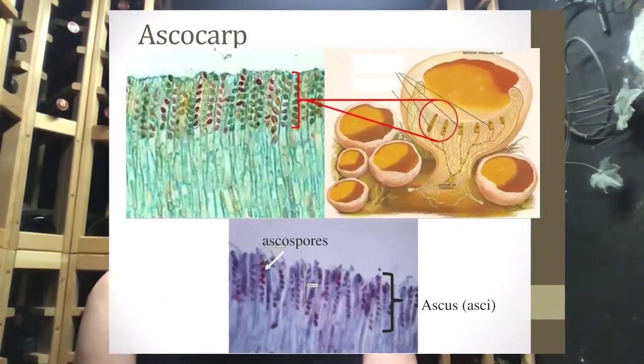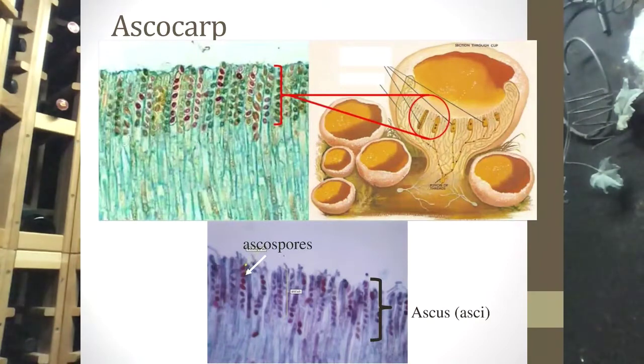A little more detail on what that ascocarp looks like. The ascocarp is the fruiting body, that structure. Again, you can see it's circled, and we can look at the microscope slide. That whole structure is made from the hyphae coming from the mycelium below, and then they differentiate into the sac.